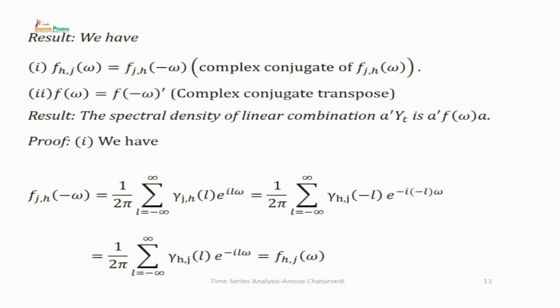Now, we prove these results. Say f_hj(omega) is equal to f_jh(minus omega), means the complex conjugate of f_jh(omega). And then using the first result, you can easily verify that f(omega) is equal to f(minus omega) complex conjugate transpose.